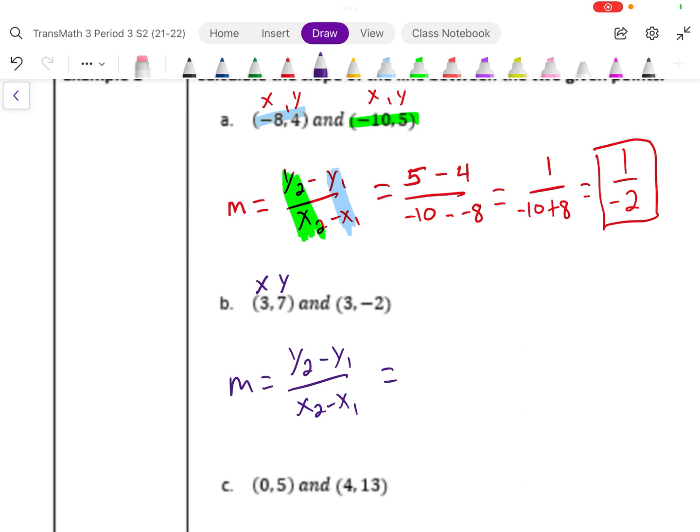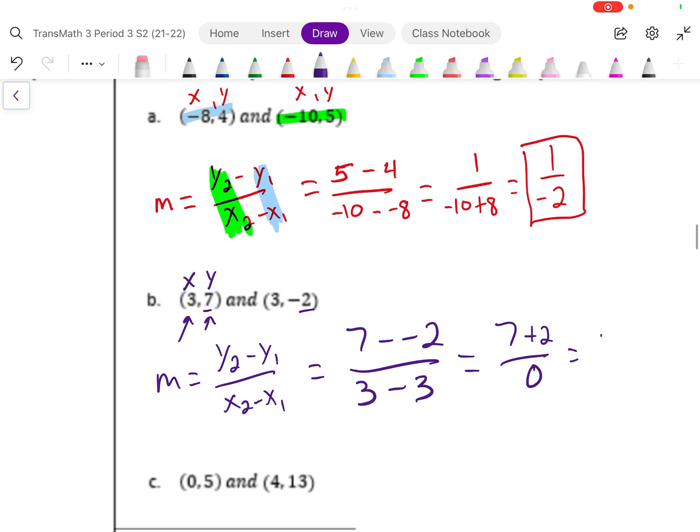If I start with the 3, 7 point, we take that y coordinate 7 and minus it from the other y coordinate. So 7 minus negative 2. Since I started with this 7, I need to start with that 3 for the x. So 3 minus 3. When we simplify, 7 plus 2, and 3 minus 3 is 0. We get 9 over 0.